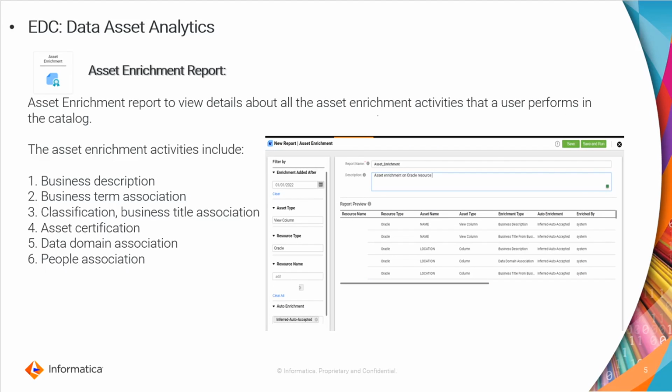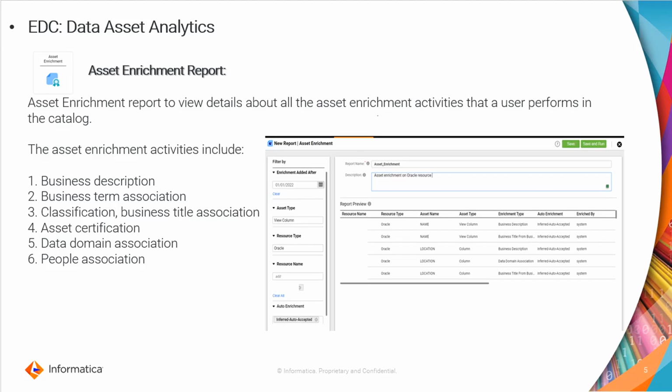Asset Enrichment Report. You can use the Asset Enrichment Report to view details about all the asset enrichment activities that a user performs in the catalog. The asset enrichment activities include business description, business term association, classification or business title association, asset certification, data domain association, or people association.